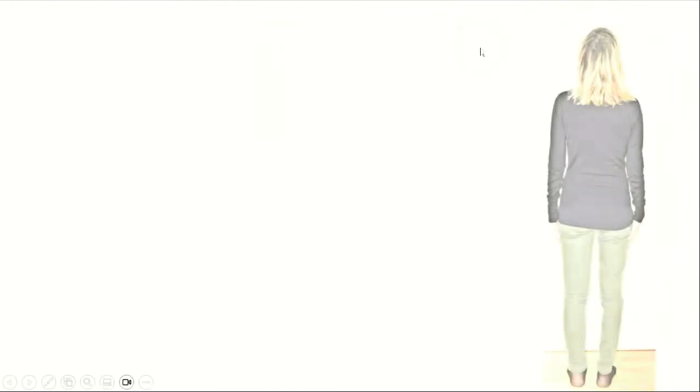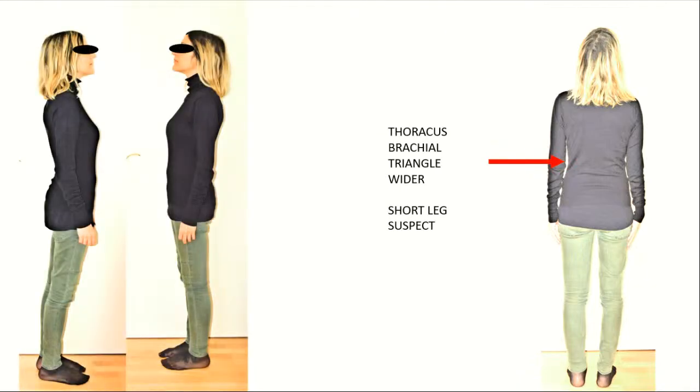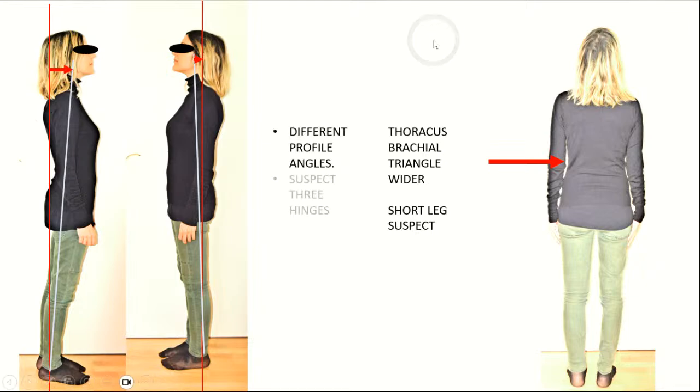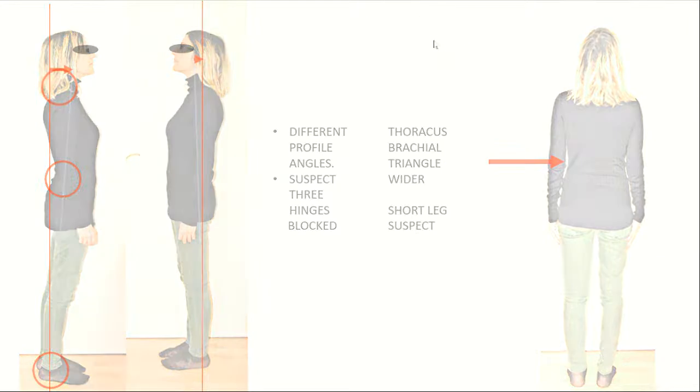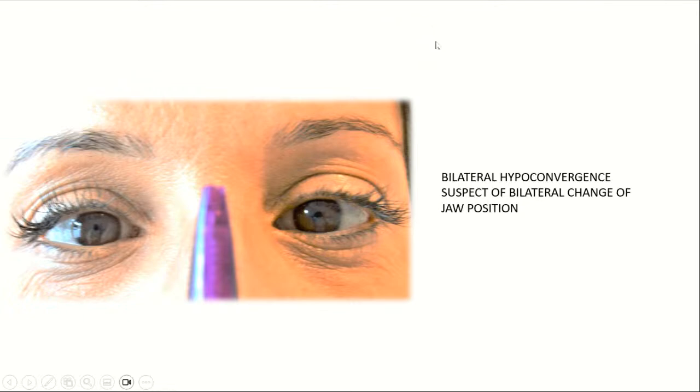If we observe the posture, we have a triangle that makes us suspect a short leg, which can be false, and two different profiles. We suspect three hinge blockades: the cervical, lumbar, and the foot support, and bilateral hypoconvergence, which is related to the jaw position.